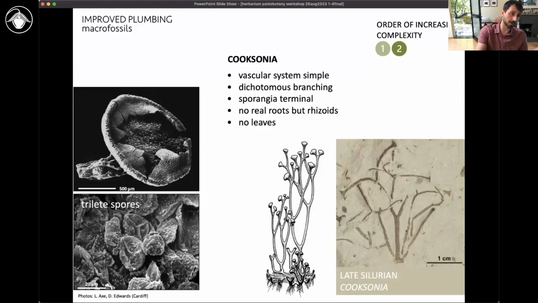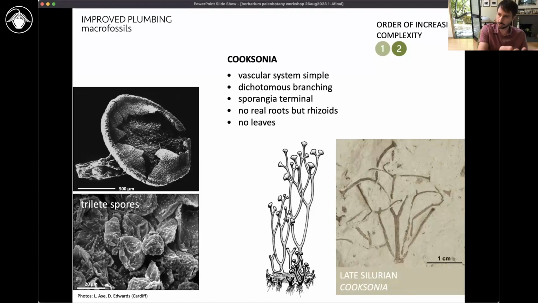These on the left are scanning electron microscopy images of spores down at the bottom. And they're trilete, as we can see. They have three ridge arms. They may look a little contorted, but I don't think I'd look that good after 430 million years myself. Above that, you also have a scanning electron microscopy image of a sporangium.